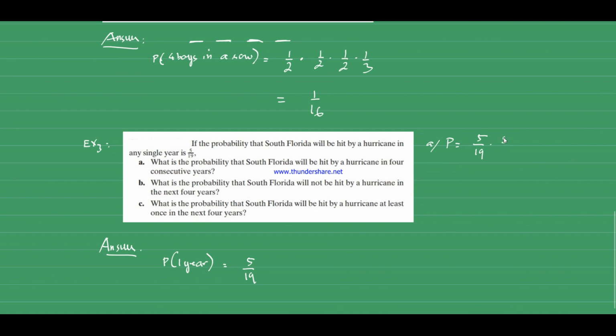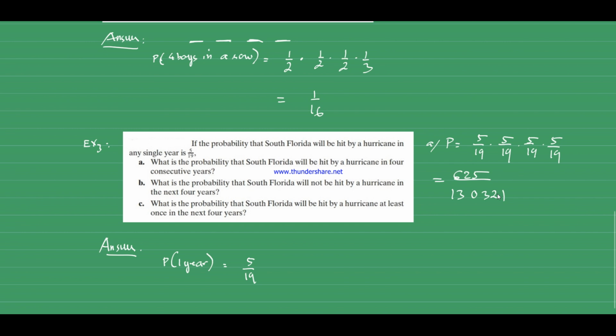So on the first year you still have this, and on the following ones you still have this. Then you're going to end up with 25 times 25 is 625, over 19 raised to the 4, which is 130321.